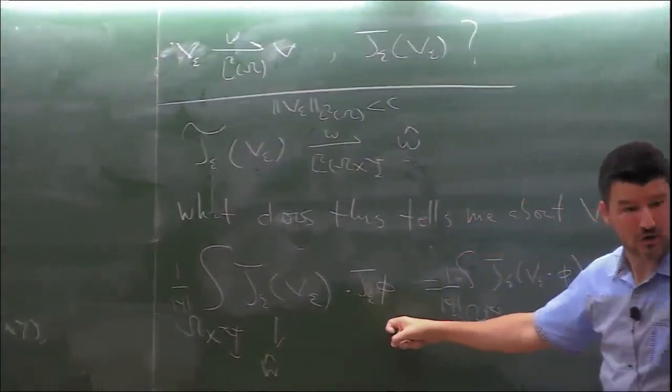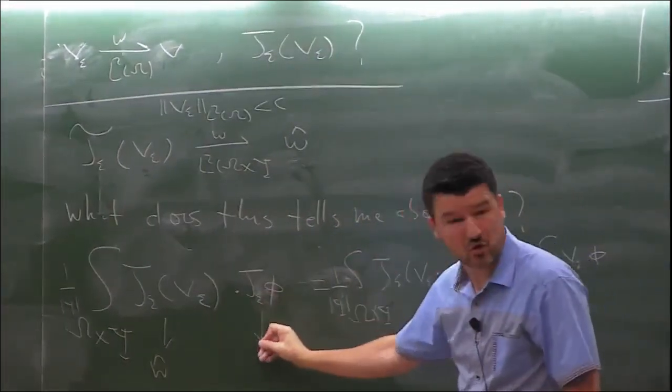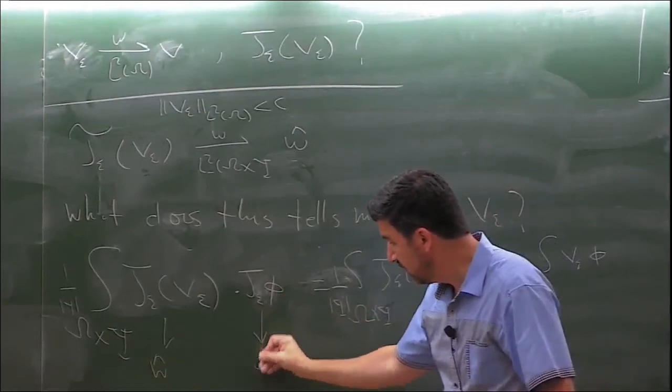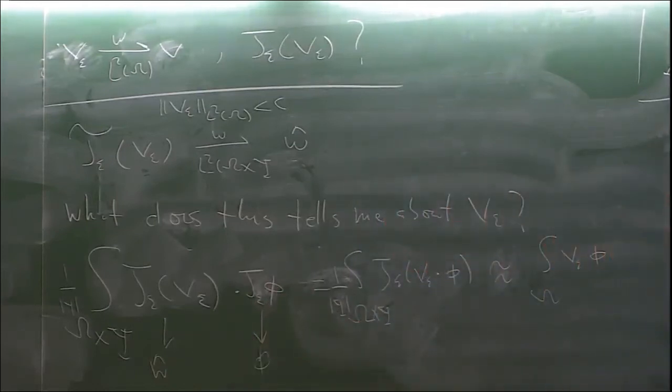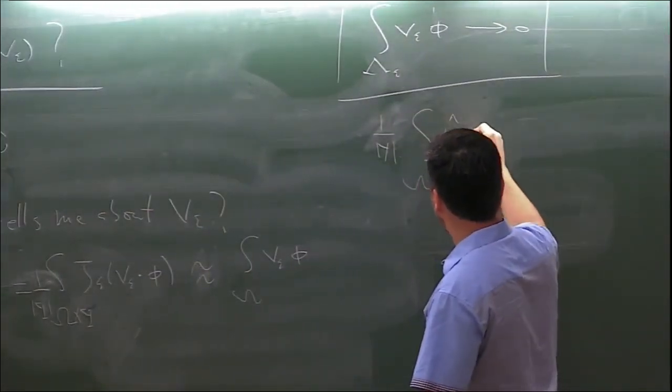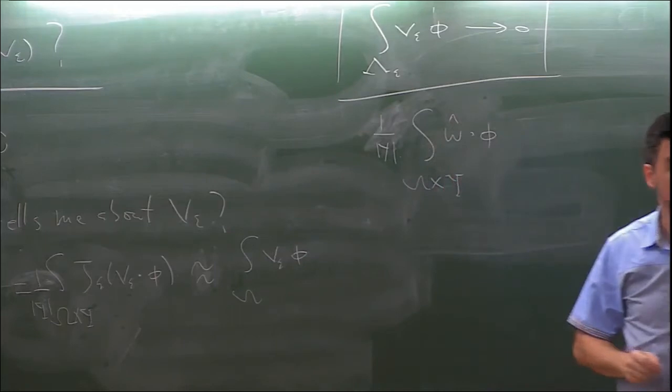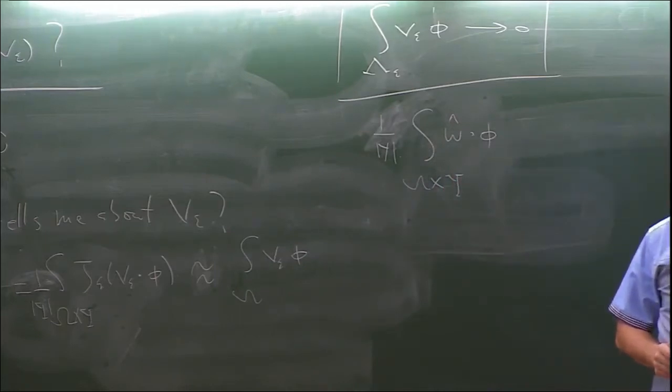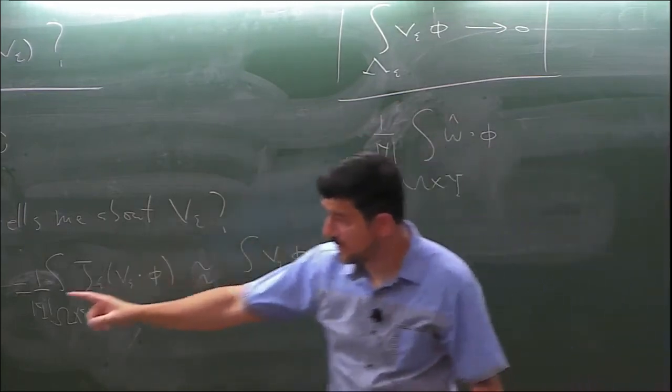This I know goes strongly to phi. Weak, strong, the limit can be taken. So the right-hand side would be W hat times phi. Everybody with me? That is the left-hand side here.